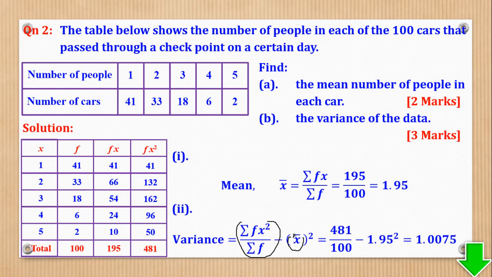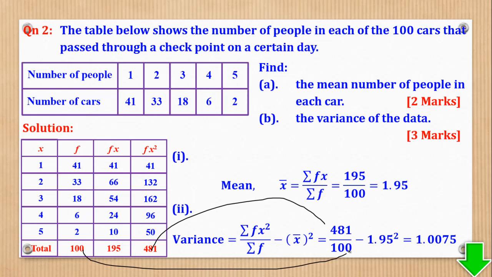I think minus mean squared because this mean was not a recurring decimal, it was an exact decimal. If the decimals were recurring, we would have put here this very expression. So substitute summation fx squared over summation f minus mean squared to give you this. And that's what they wanted.